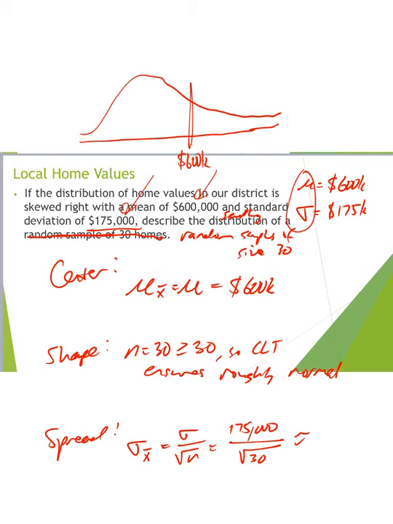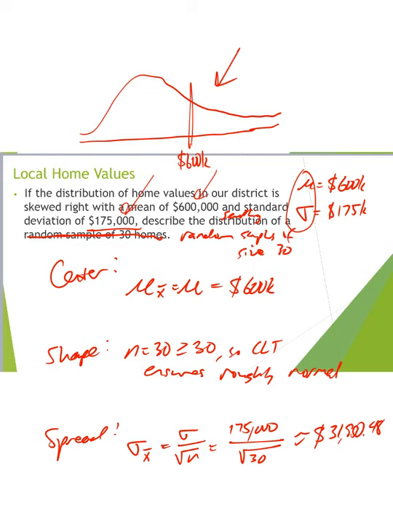So when you take 175,000 and divide it by the square root of 30, you get an answer of about $31,950.48.